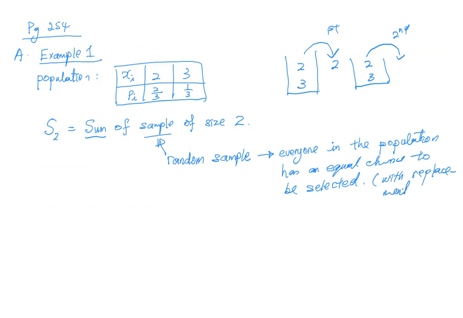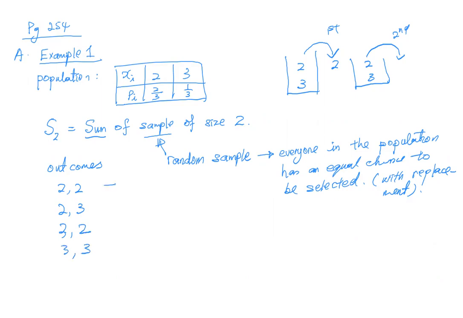That is called equal chance to be selected. So when you talk about the sum, these are the outcomes: 2,2; 2,3; 3,2; or 3,3. Am I right?